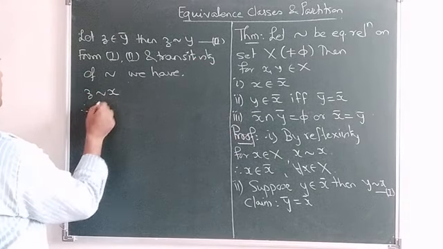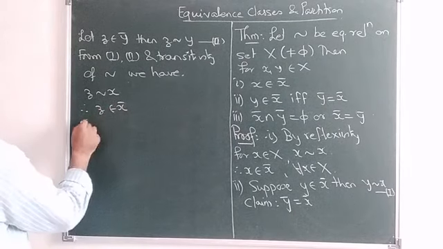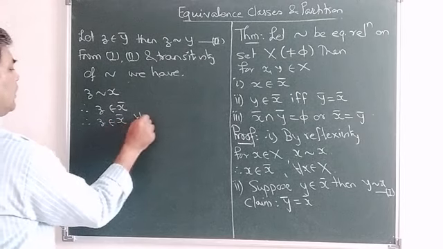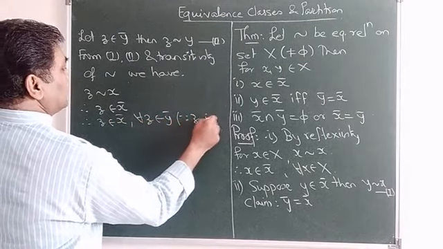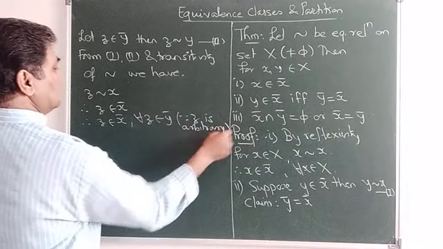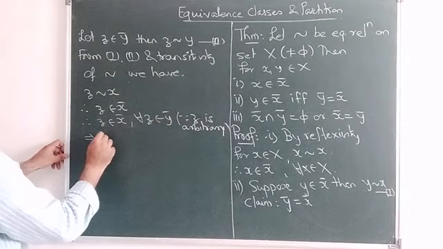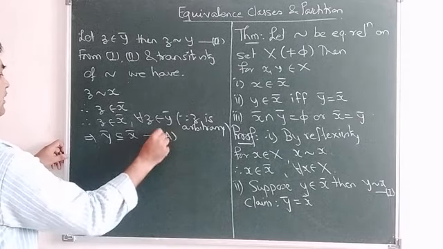Therefore z must belong to x bar. And therefore z belongs to x bar for every z belonging to y bar. Since z is arbitrary, every member of y bar lies in x bar, meaning y bar is a subset of x bar. We will take this as A.